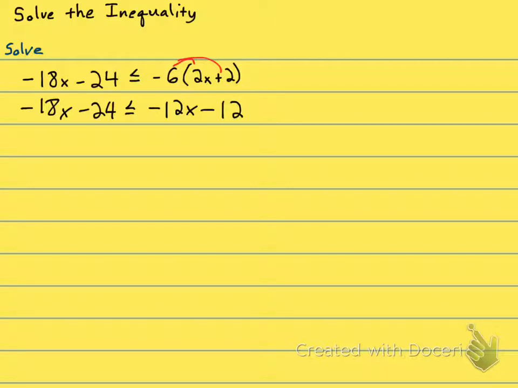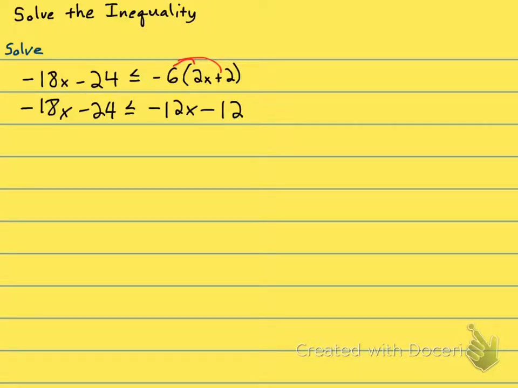Next, we'll combine like terms. So you look, you say, do any of these terms go together on the right? Nope. Do any of the terms go together on the left? Nope. Next, we'll get our variables to the same side. When we're working with inequalities, we do like to get all of our x's on the left.